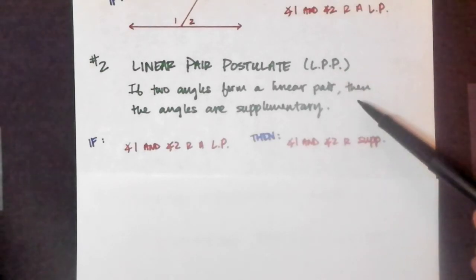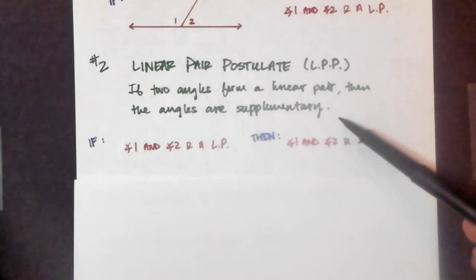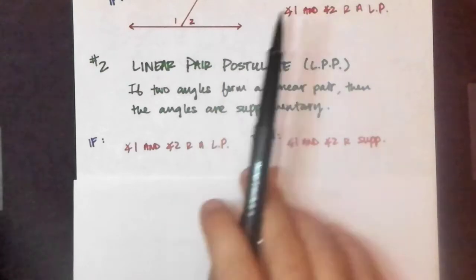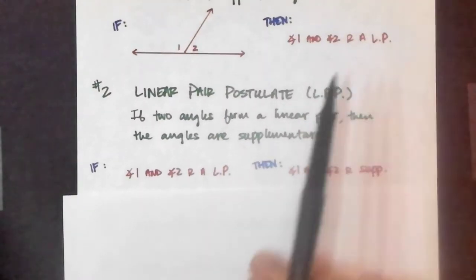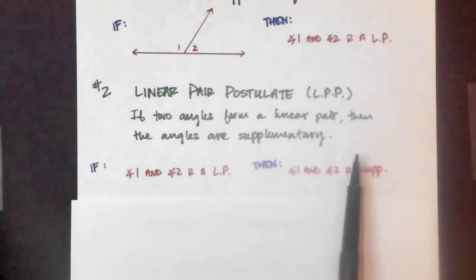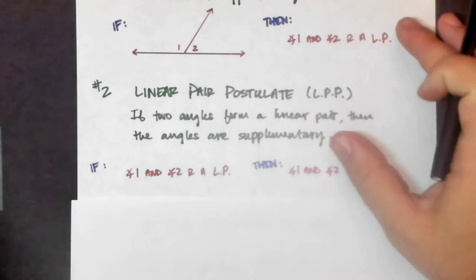This says that if two angles form a linear pair, then the angles are supplementary. So once we've identified the angles as a linear pair, we can now state that those two angles are supplementary. And the justification, the reason, would be LPP, the linear pair postulate.